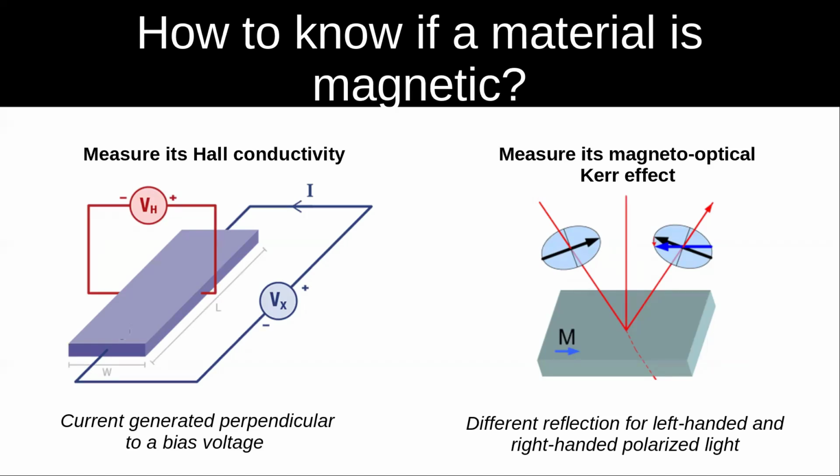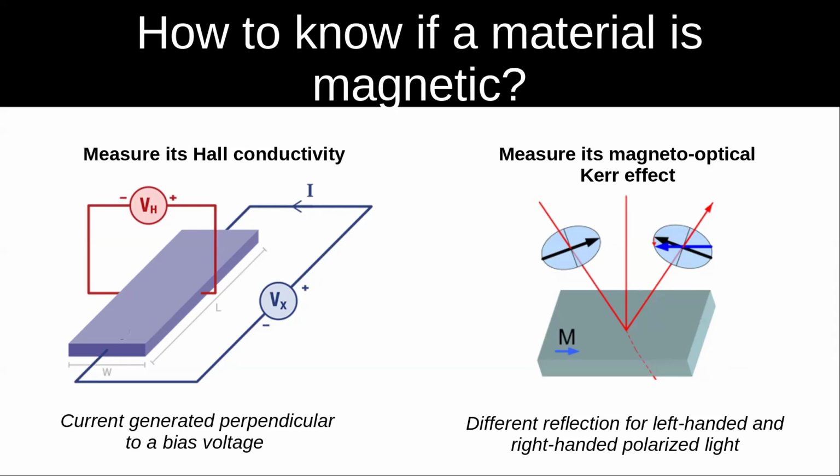So we need to use some other strategies, and the strategies essentially rely on measuring quantities that would change if you switch the direction of time, and in particular, quantities that are odd under time reversal symmetry. And there are two quantities that are odd under time reversal symmetry that are very useful to see the appearance of time reversal symmetry breaking materials. One is the Hall conductivity.